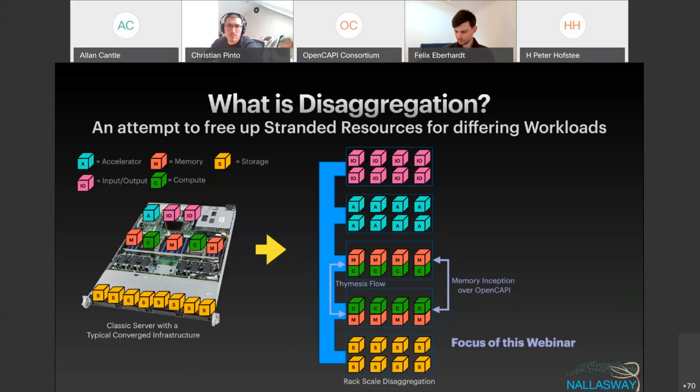So on the left we can see we've got the Phymesis flow, which is essentially sharing your local memory over your favorite fabric, as we'll hear from the other presenters, and also natively in Power 10, as Christian mentioned, we're going to see Memory Inception used for sharing memory over OpenCAPI. So hopefully that sets the scene for everybody. So continuing with my broader scope and focus on the memory itself.